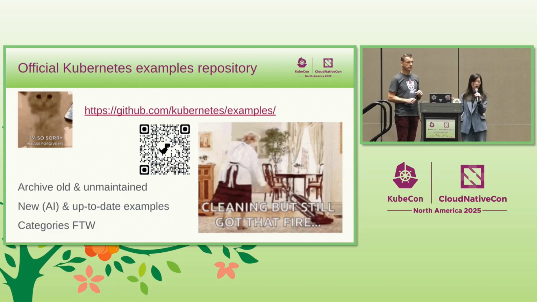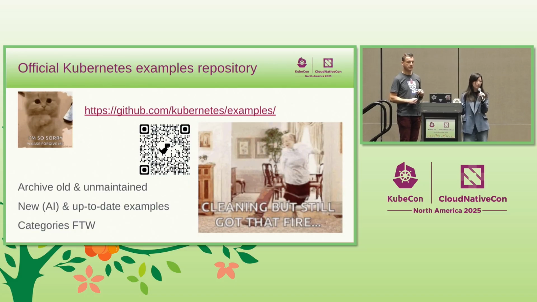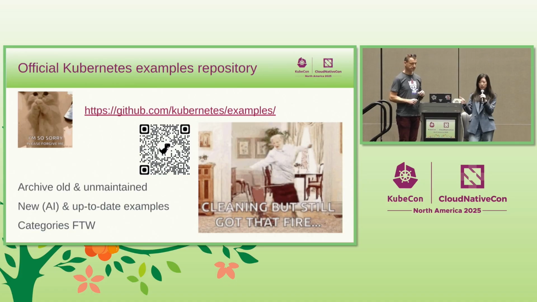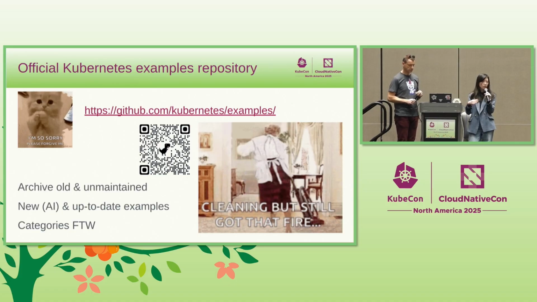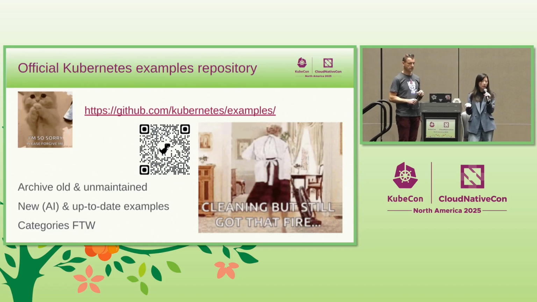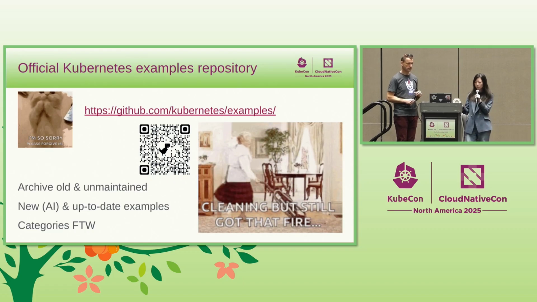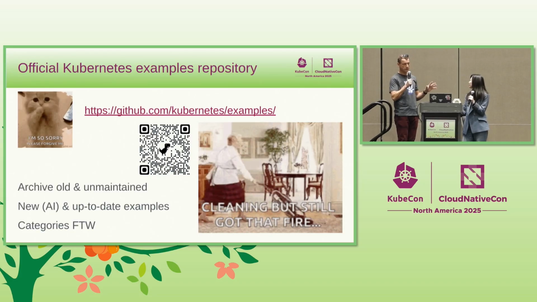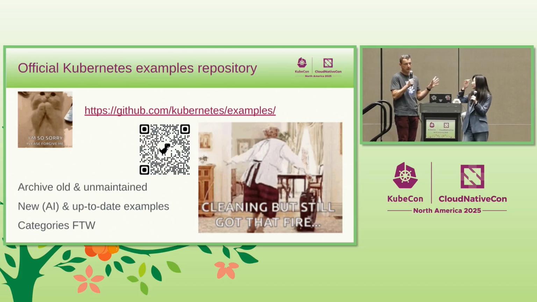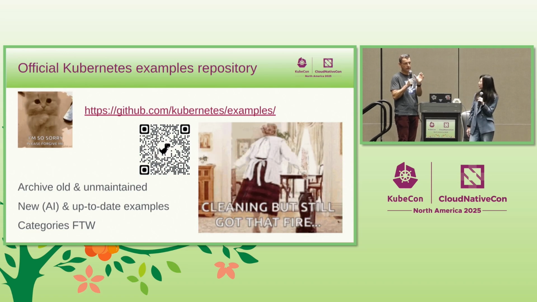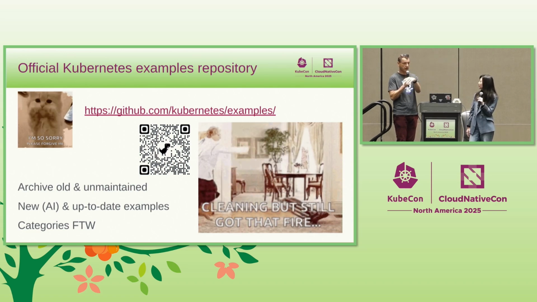If you are running AI on Kubernetes or other types of applications, please feel free to give it a try or provide more examples that can help others. What we did was archive, which means there is an _archive directory where we moved everything.